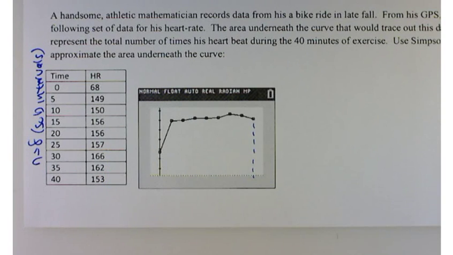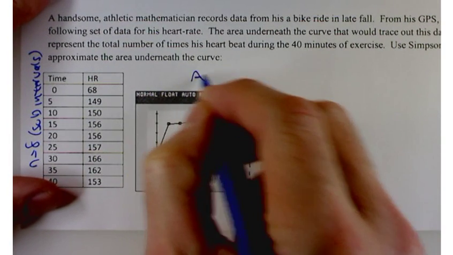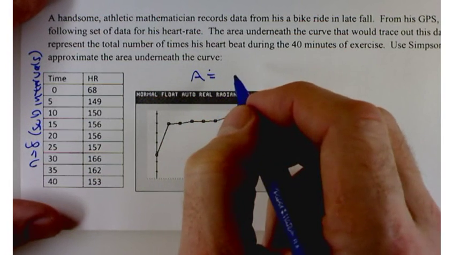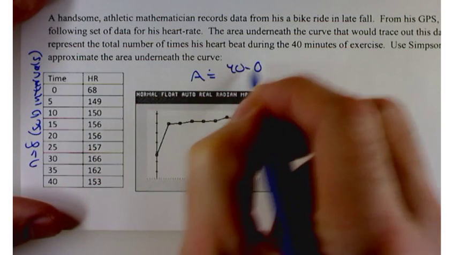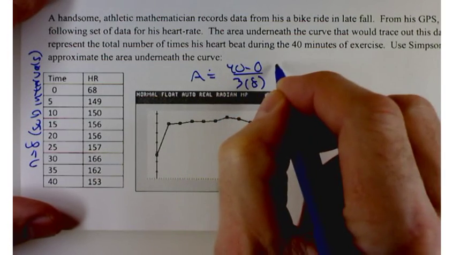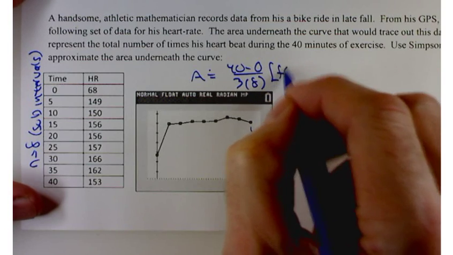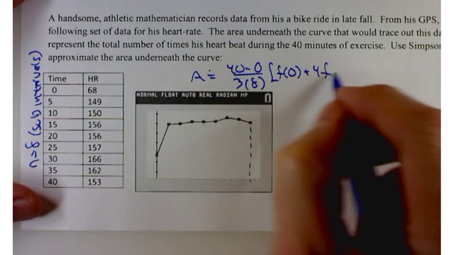Even though we don't have a function, we can still try and find the area underneath this curve using Simpson's Rule. So let's do that. Area is going to approximately equal 40 minus 0 over 3 times 8, and then I'm going to want f of 0 plus 4 times f of what?